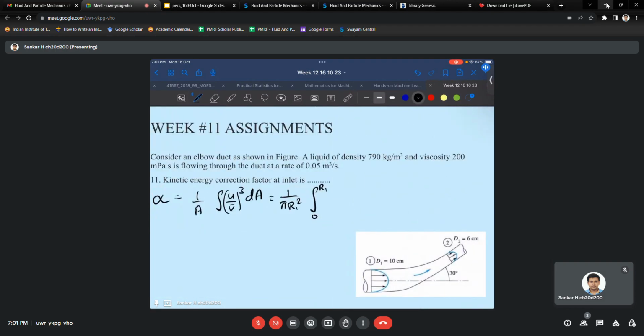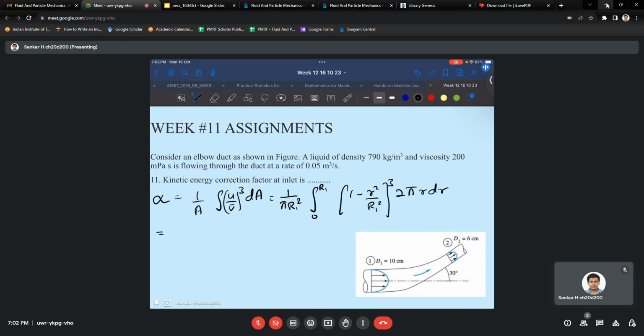It would be 1 minus r square by r1 square, cubed, times 2 pi r dr, substituting for the differential area. Now we'll do a little bit of manipulation.